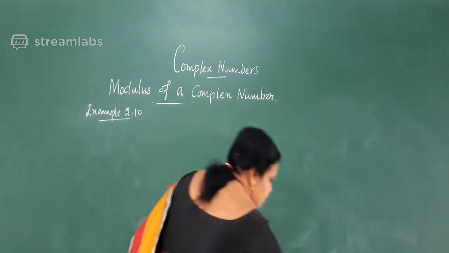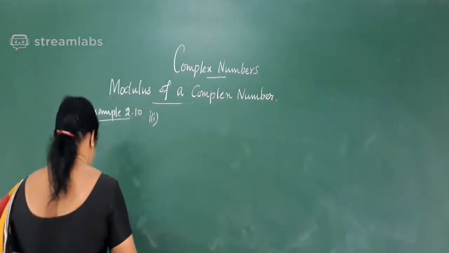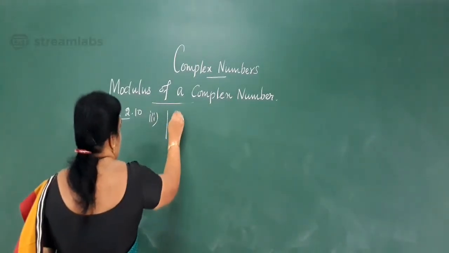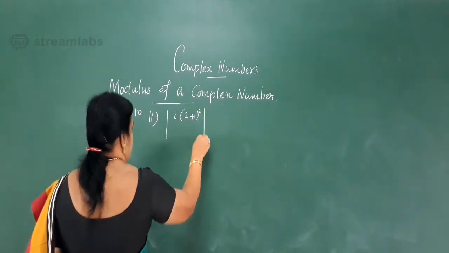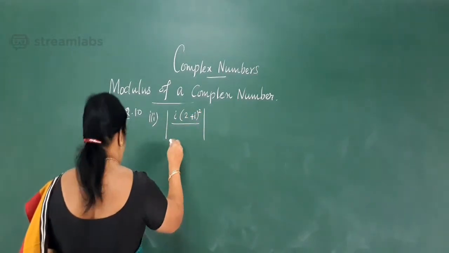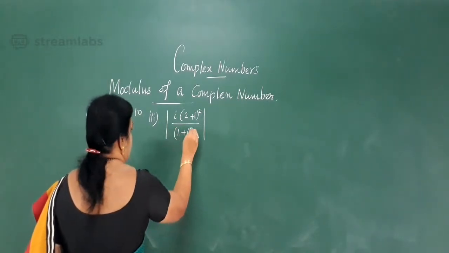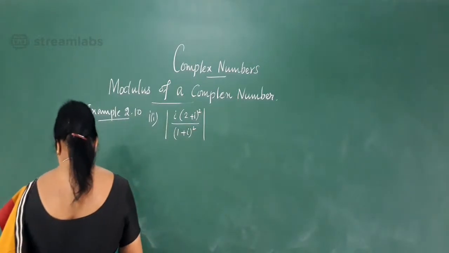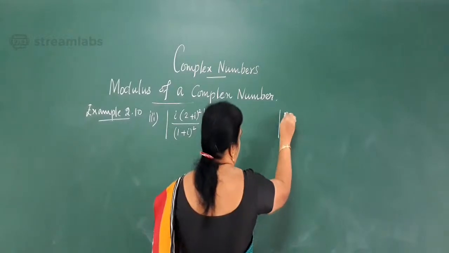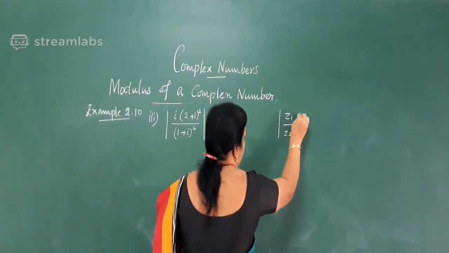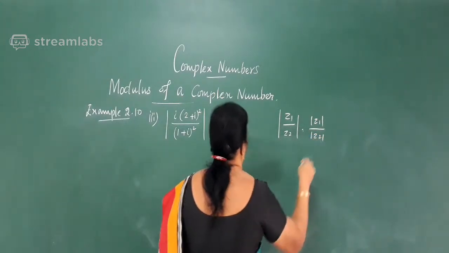Third subdivision. Modulus of i into 2 plus i whole square by 1 plus i whole square. Just see, by using this property, modulus of Z1 by Z2, I am going to write modulus Z1 by modulus Z2.